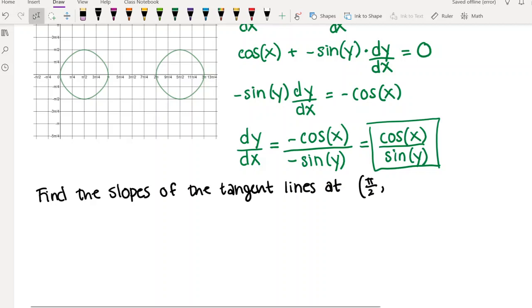We talked a little bit earlier about how you could see that point lies on the graph. And then the other point we'll do is pi, 0. So we can see that both those points lie on our graph.